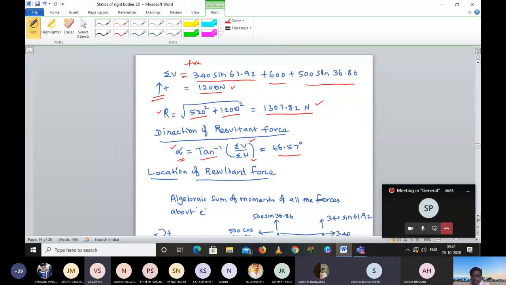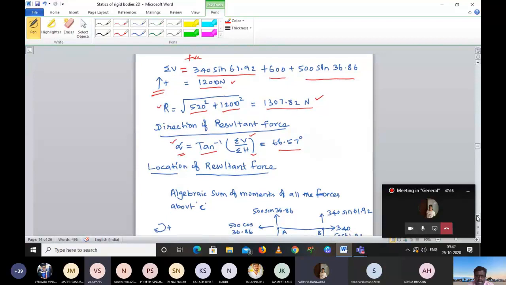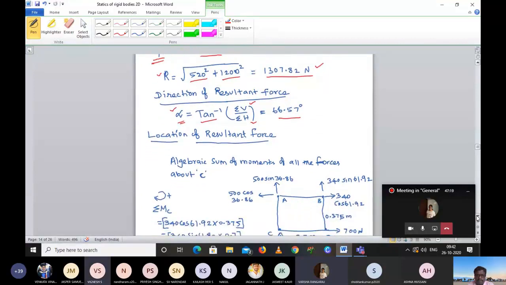Any other doubt, guys, till now? Any confusion in the concept? No, sir. So if an inclined force comes, what are the components you have to calculate? Horizontal and vertical. Yes, horizontal and vertical, then only you can calculate the resultant.